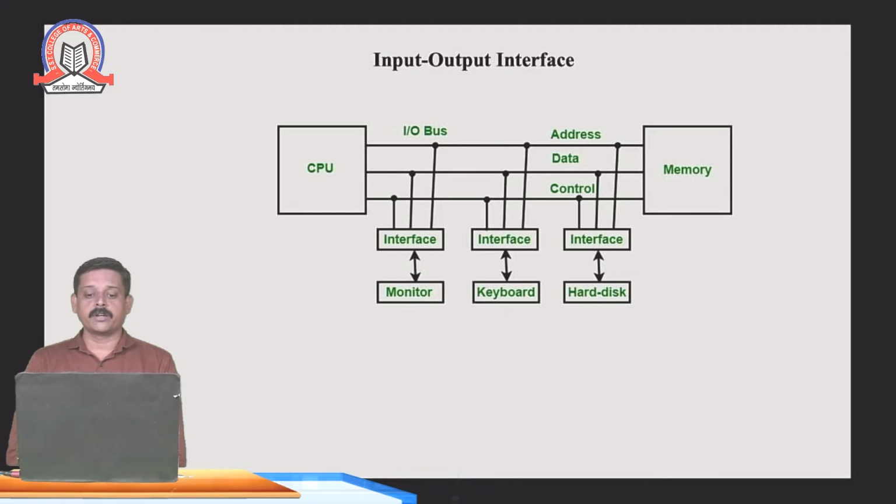The monitor, which works as an output device, is used with an interface known as the IO bus, and it sends data to the CPU as well as memory. Similarly, we have the keyboard and hard disk. The keyboard works as an input device and the hard disk is used as a memory unit.